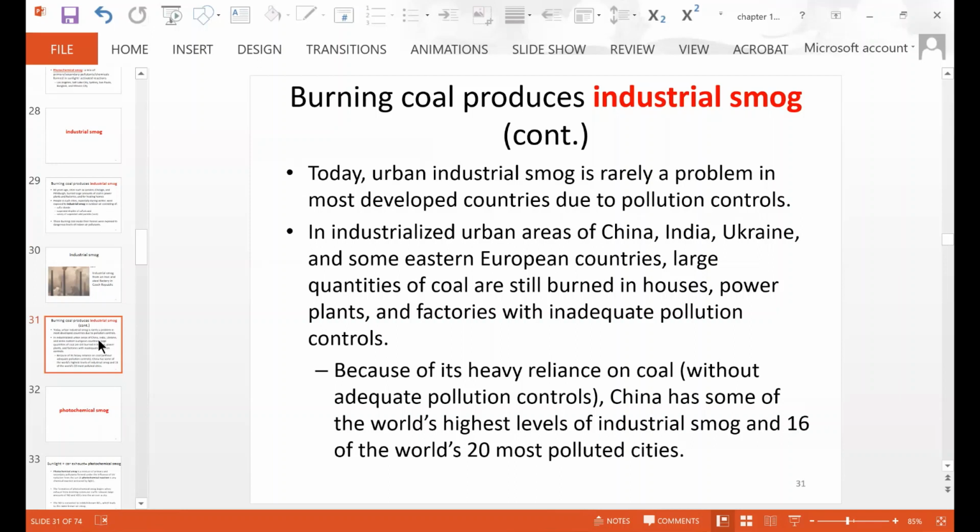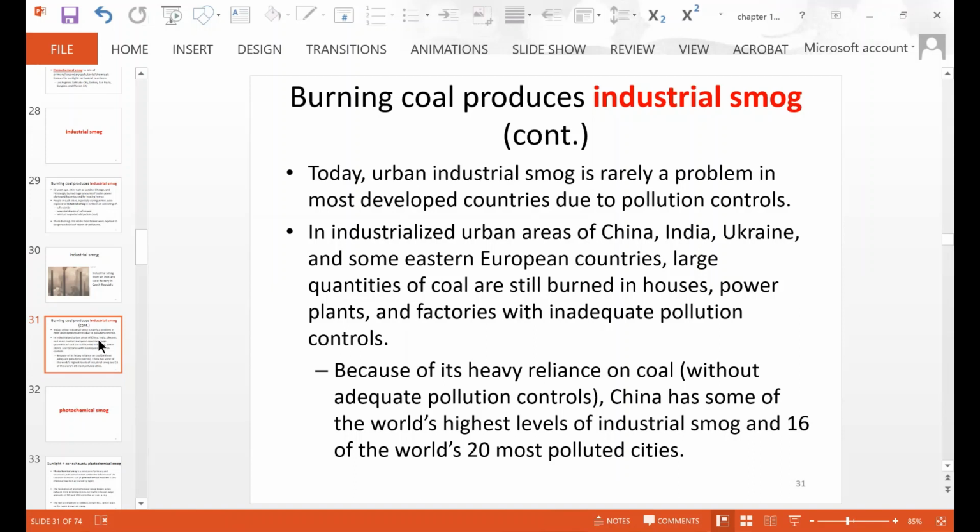In industrialized urban areas of China, India, Ukraine, and some Eastern European countries, large quantities of coal are still burned in people's homes, power plants, and factories with inadequate pollution controls.